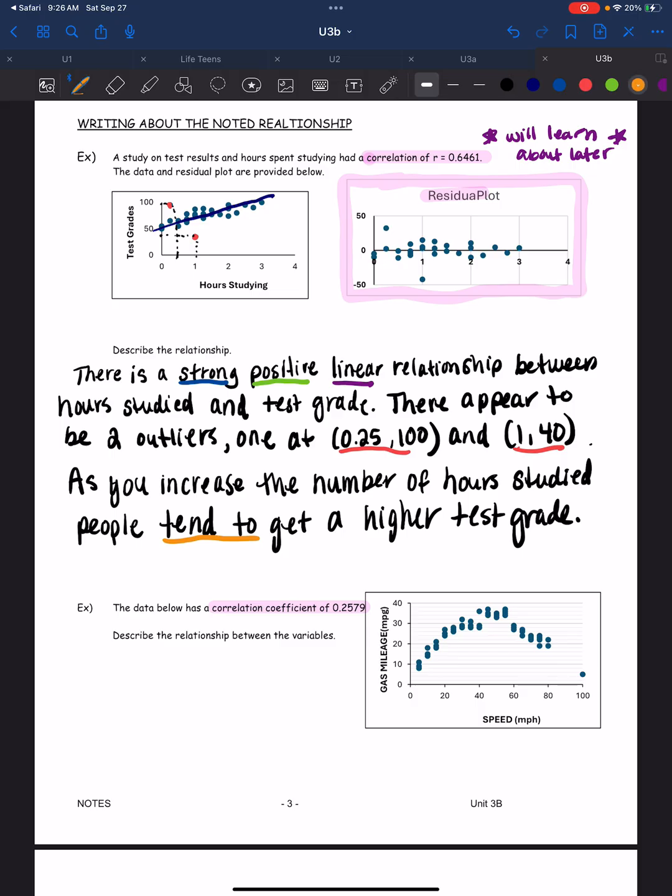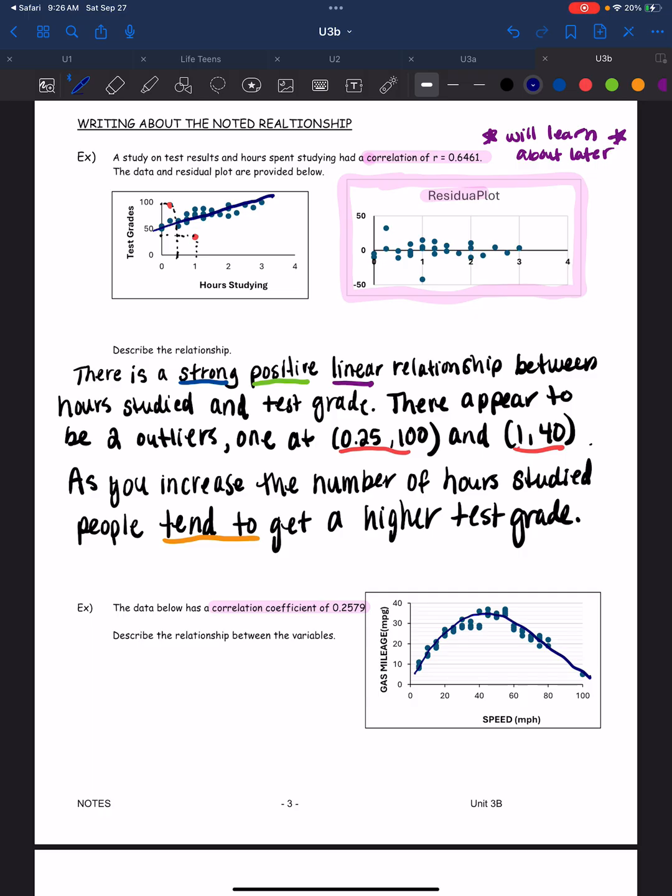So I would say that over here we do have this trend where it's kind of curved in nature, kind of looking like that. I would say that that's also a pretty strong relationship. We'll talk about what's strong and not strong, or weak, later, and we'll spend quite a bit of time on that.